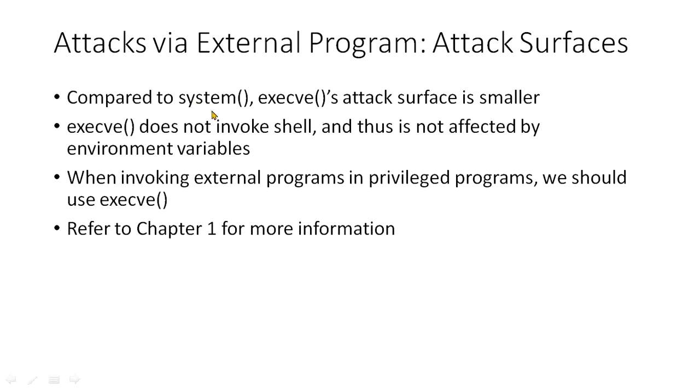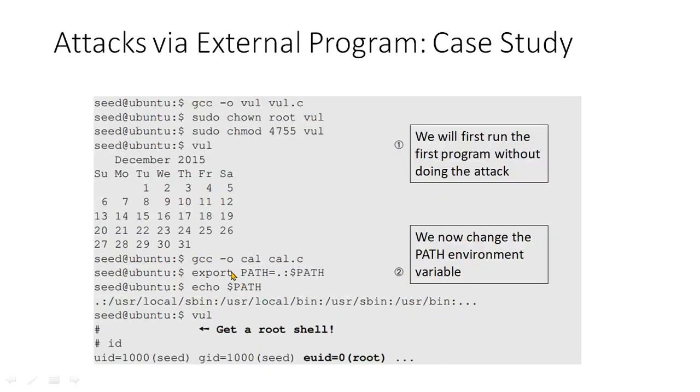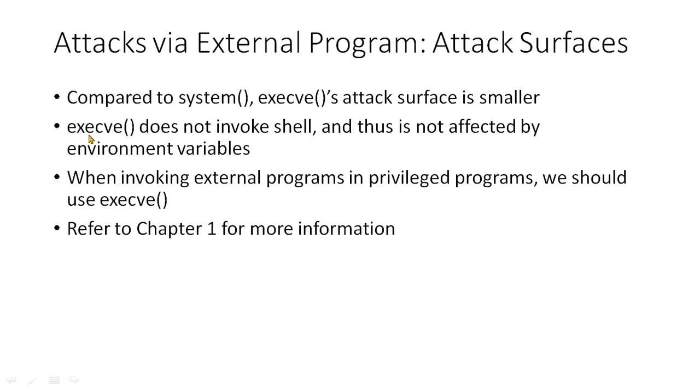So using system is more dangerous because system will inherit the path environment. If we use execv, it's safer because we can select which environment variables will be passed to the new program. System creates a child process, and the child process inherits every environment variable from the parent process.